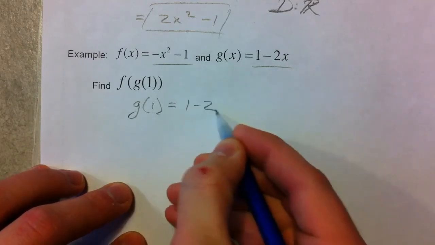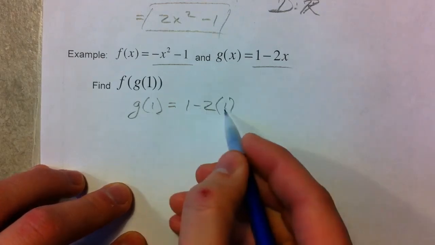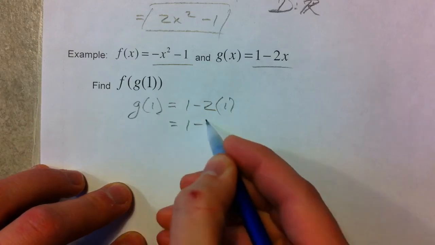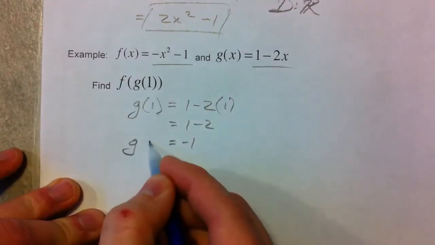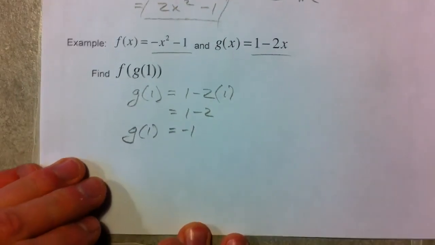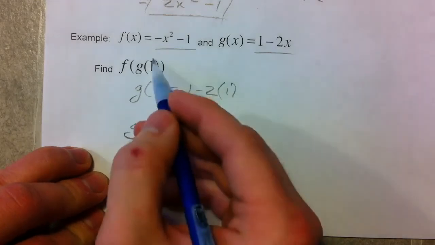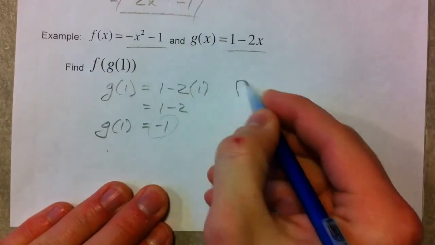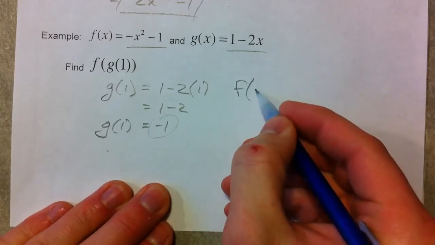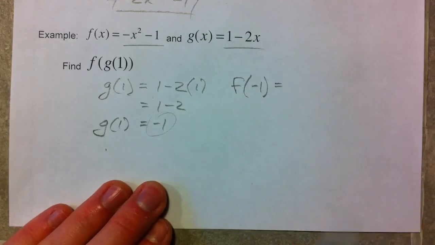So you get 1 minus 2 times 1. 1 minus 2 times 1 is just 1 minus 2, and so we get negative 1. So g of 1 is negative 1. So really, if we take our negative 1 and plug it in for g of 1, what we're looking at now is f of negative 1 is going to be our final answer.